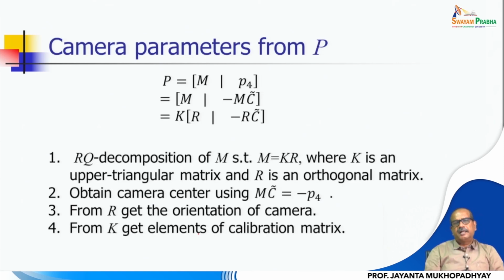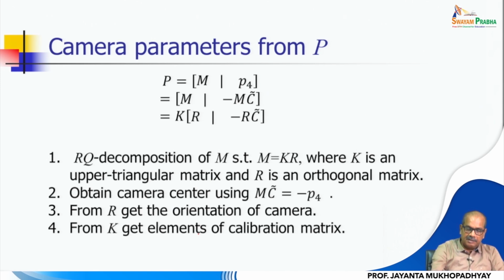The other thing we would like to discuss here is how you can estimate the camera parameters if I give you the projection matrix. As you understand, the elements of the projection matrix contain the information related to the camera parameters, such as the extrinsic and intrinsic parameters. From the composition of camera parameters, we know that this encoding is expressed in various ways.